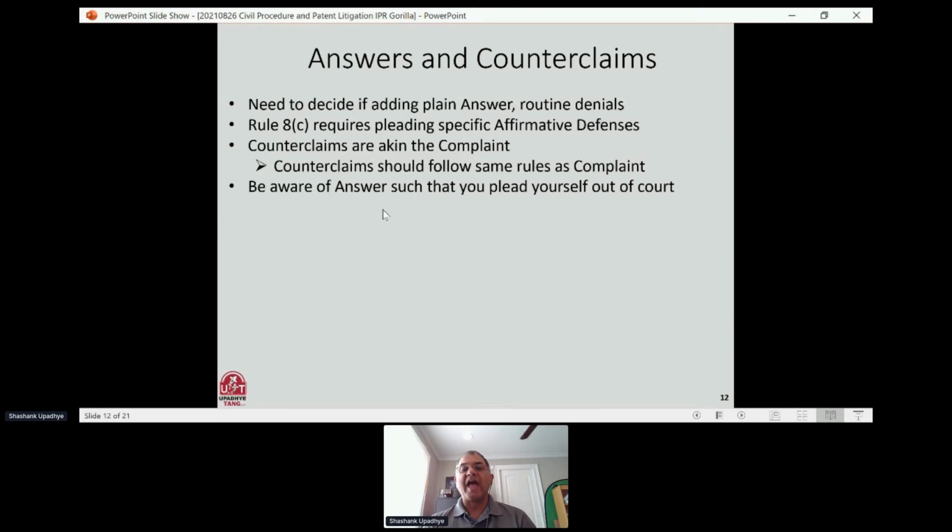Or do you want to include actual counterclaims in which effectively you're the counter-plaintiff saying this patent is not infringed and/or this patent is invalid? And if you do file counterclaims, your counterclaims will be governed by the same rules as a normal complaint. So just be aware that you may also plead yourself out of court when that happens.